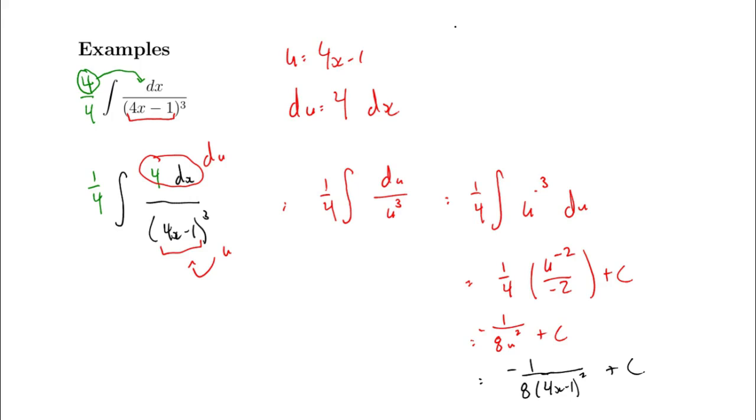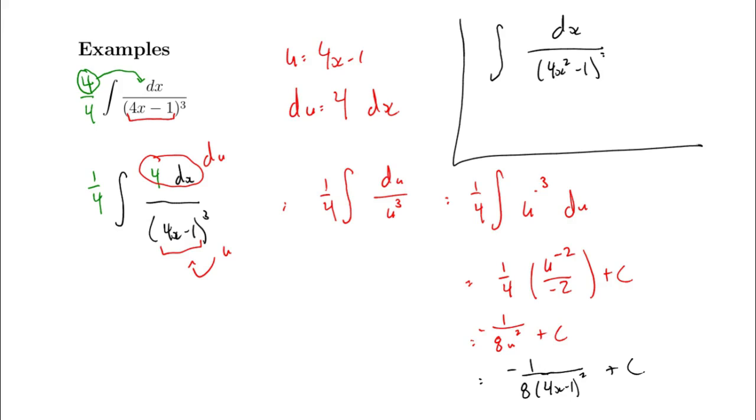What we'll notice is that if this was an integral of dx over (4x squared minus 1) cubed, this is what I was talking about earlier. I'll do the whole thing. u is 4x squared minus 1, and then du is 8x dx. So we can put the 8 in here, no problem, right?